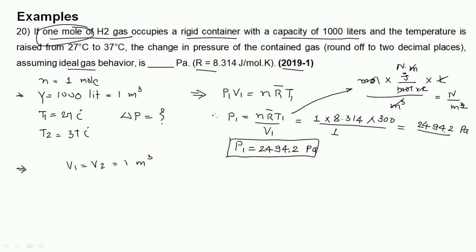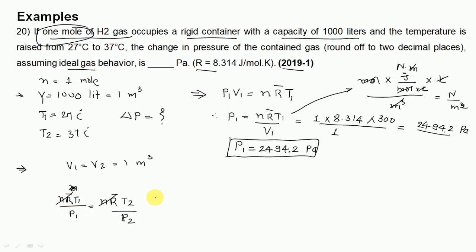So from this equation we can write nRT1 upon P1 is equals to nRT2 upon P2.